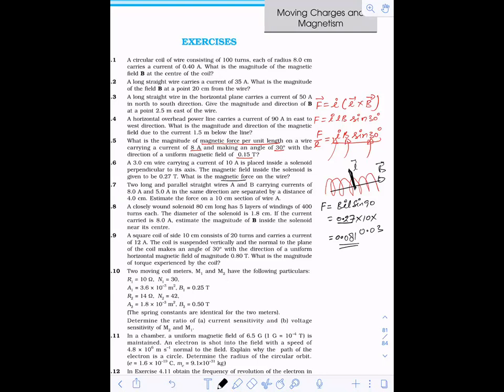Don't make such silly mistakes in the exam. You will do everything right, but only multiplication and division you will do wrong and lose your marks.